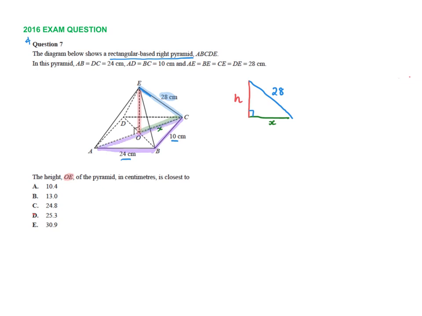If I draw that triangle out separately, this is 10 centimeters, this is 24, and this bit would be X from here to here, and so would this be X. If I found this full length along here, and I call it Y, well, X must equal Y divided by 2, because there's two of them.